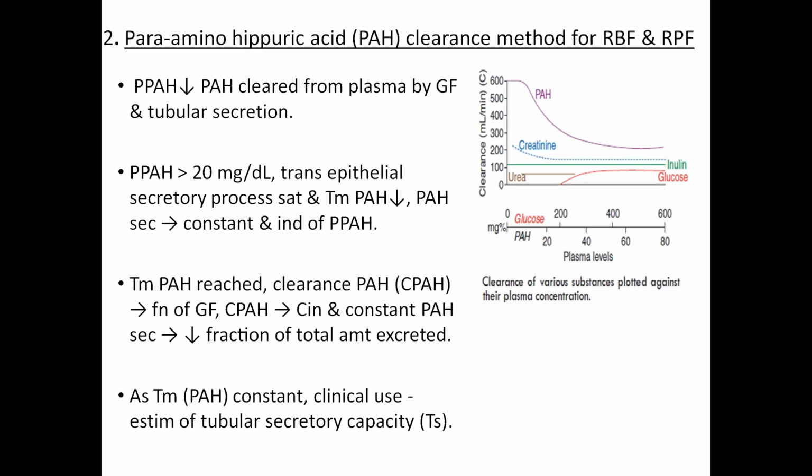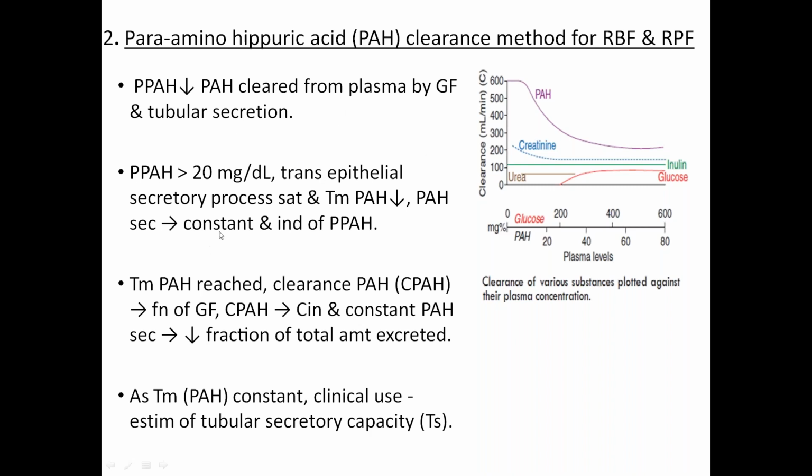Once the transport maximum of PAH is reached, the clearance becomes progressively more a function of glomerular filtration, and PAH secreted becomes a smaller fraction of the total amount excreted. Because Tm of PAH is nearly constant, it is used clinically to estimate tubular secretory capacity.